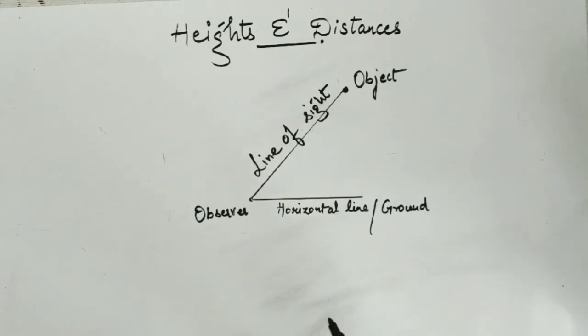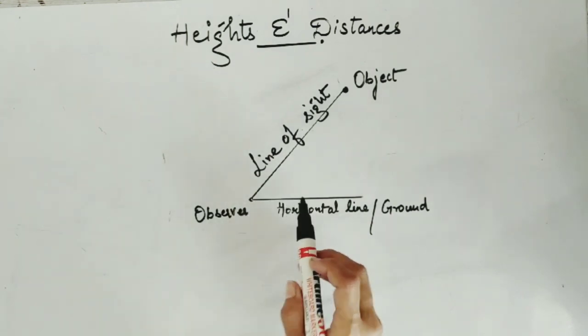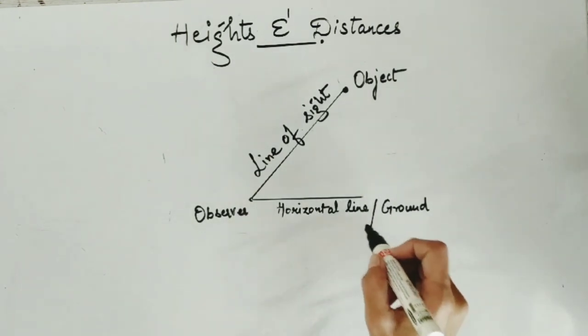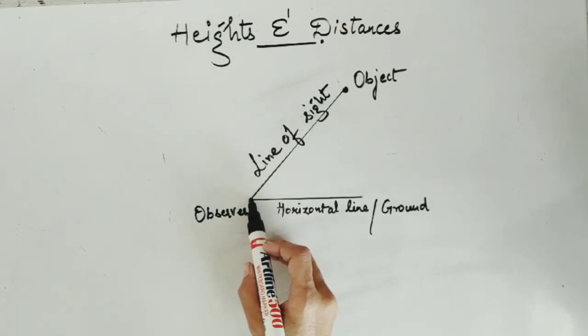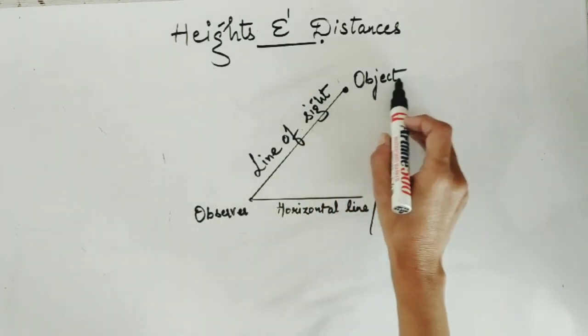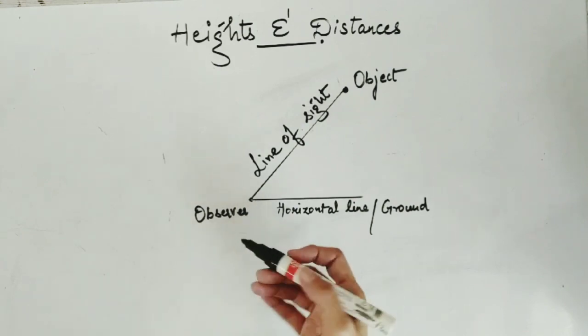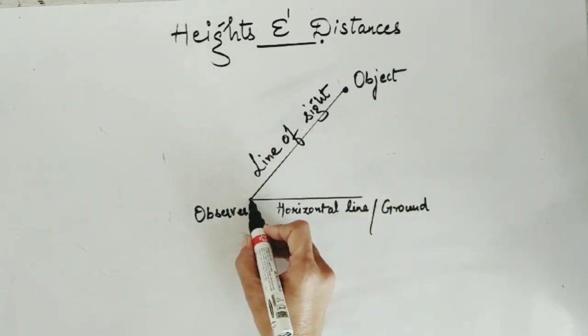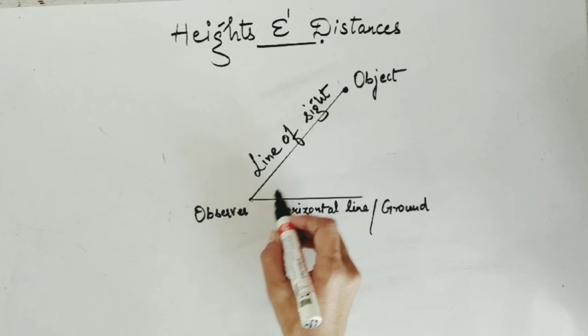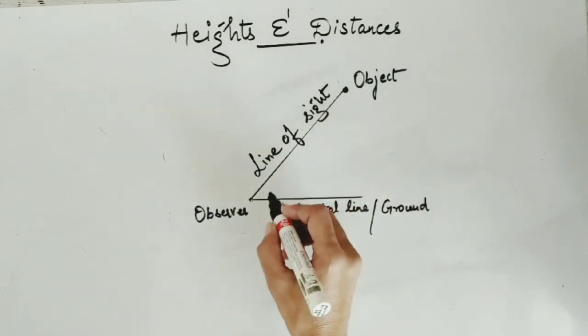Now there are two types of angles formed. One is angle of elevation, another is angle of depression. Let us first see what an angle of elevation is. Let's take this same figure. The observer is here, the object is on the top, the observer has to raise his head, look up to the object.